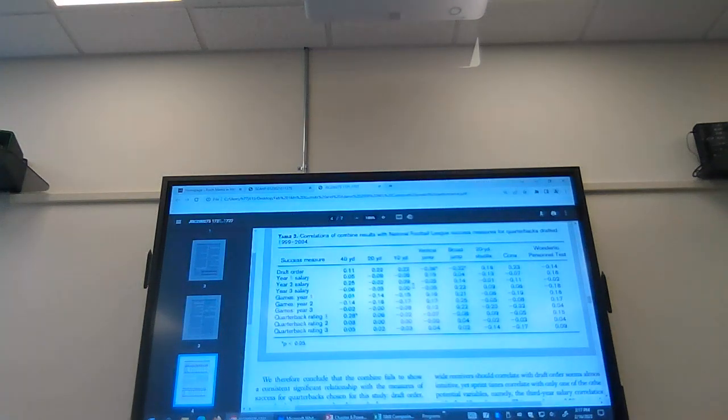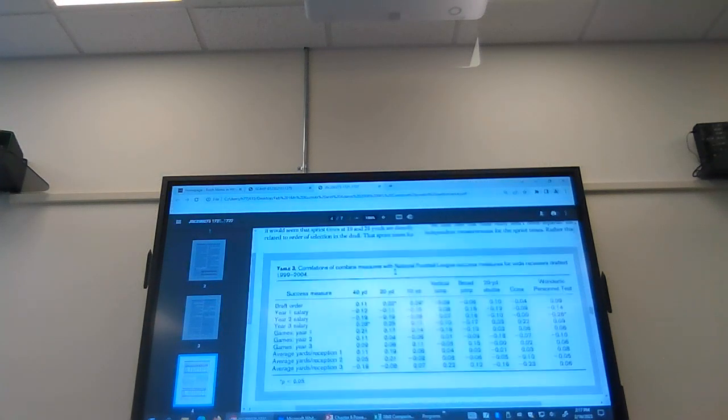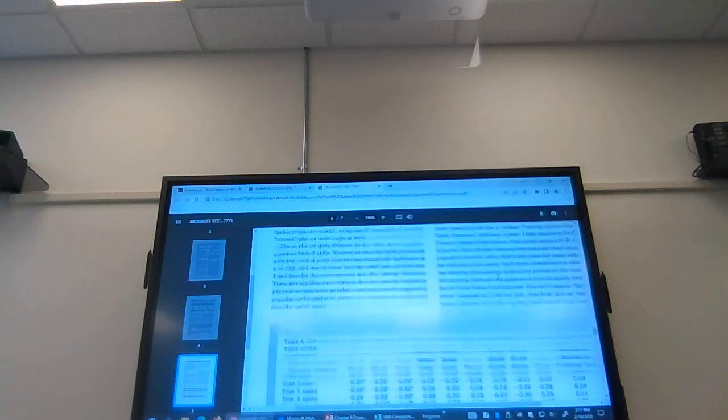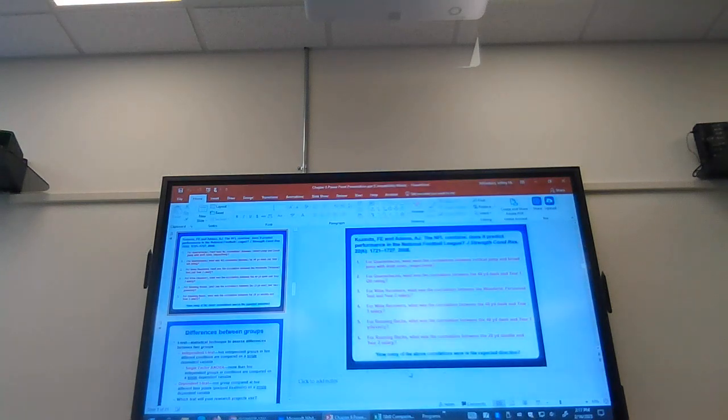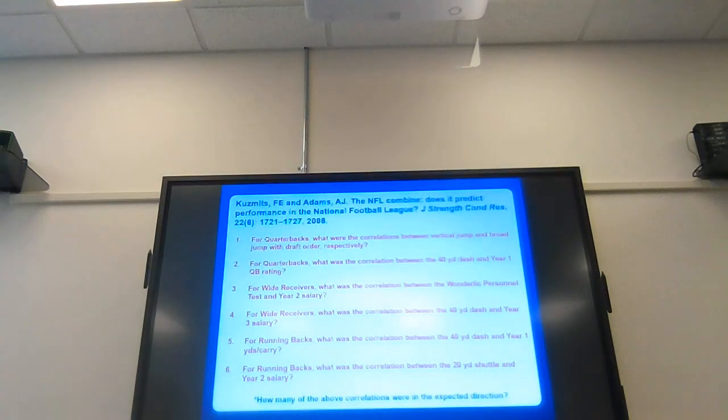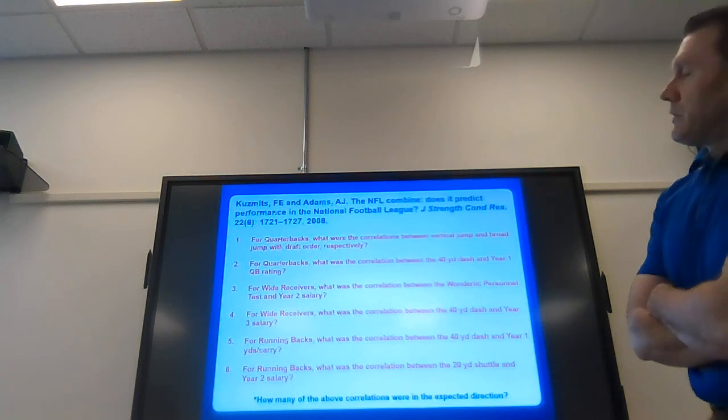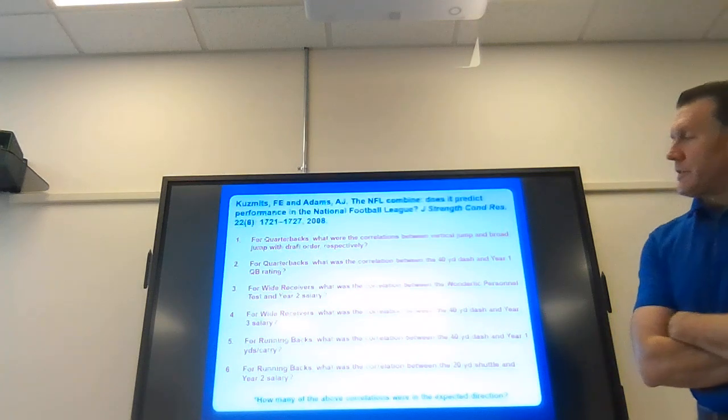Then the same thing for wide receivers, showing all those correlations, and also for running backs. I want you to take a few minutes, look at those, and write down your answers in your notes based on these questions. There are 2 questions for each position.